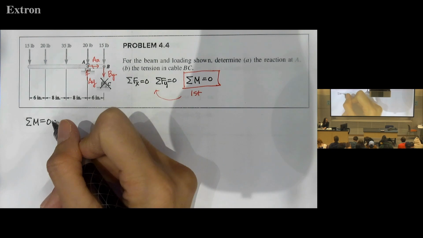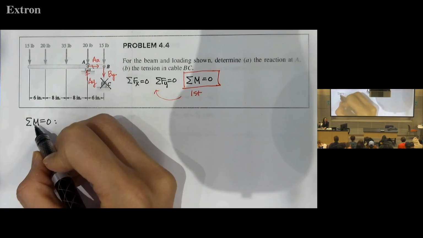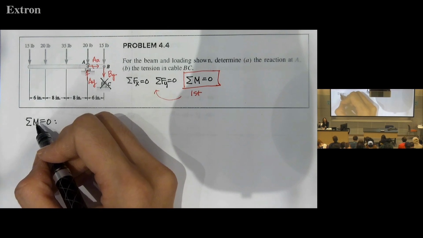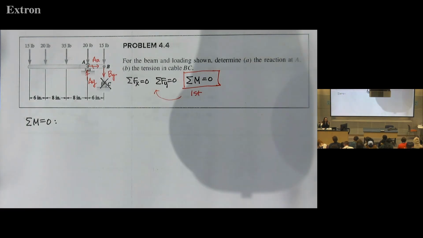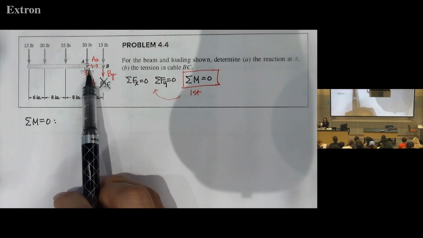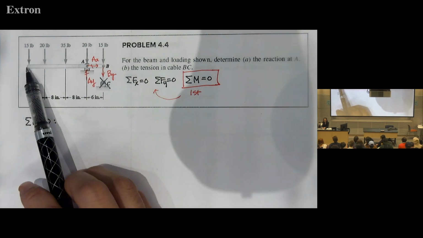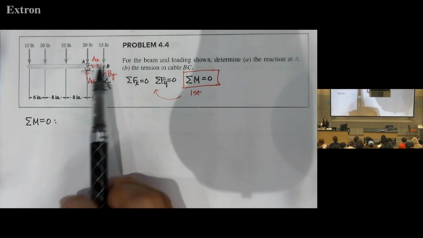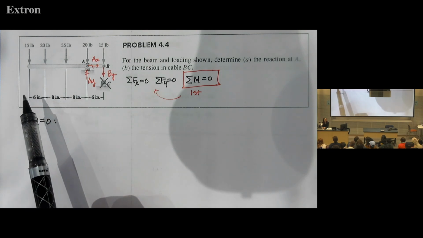Okay, then for moment calculation, selecting a reference point is very important because the moment arm is changing based on your reference point, right? Then we can choose any point, but if we choose some point, it's beneficial for us.